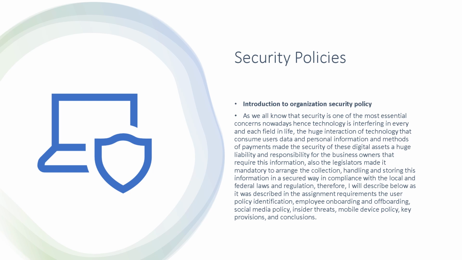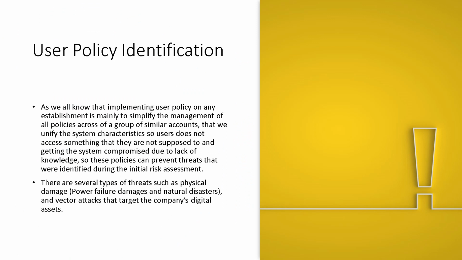Therefore, I'll describe below, as it was described in the assignment requirement, the user policy identification, employee onboarding and offboarding, which is a great vulnerability if it's not configured right, social media policy, insider threat, mobile device policy, and key provisions and conclusions.